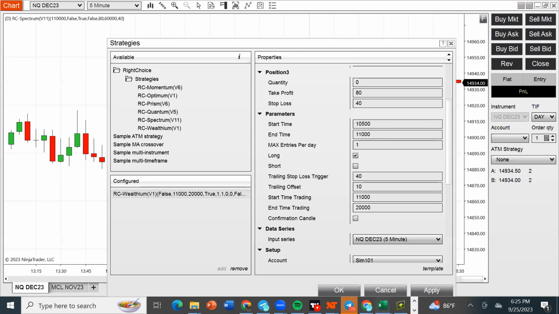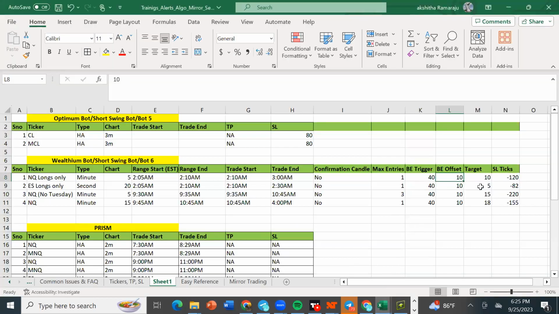And then what else you have? Target is 10 and stop loss is 120.